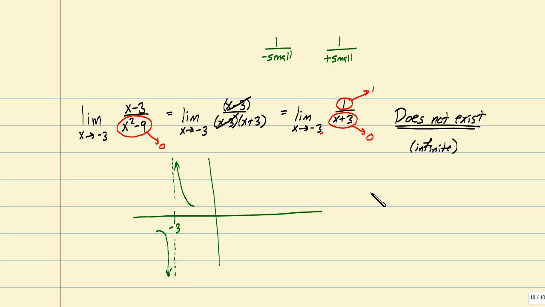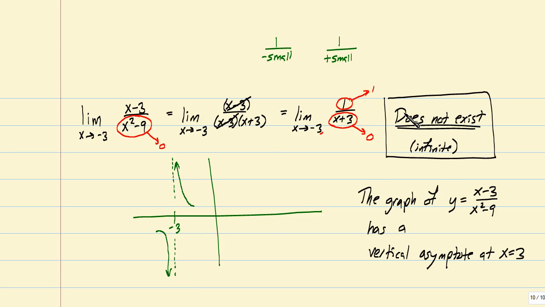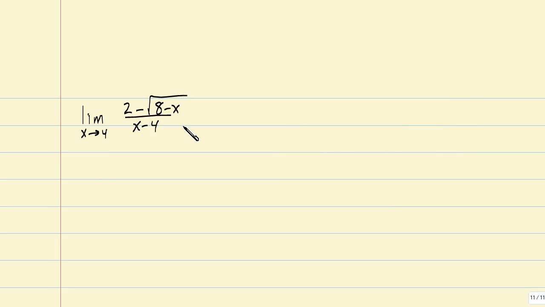And graphically, we say we have a vertical asymptote. Okay? So the limit does not exist, there's infinite limits involved, and we have a vertical asymptote at x equals negative 3. That's it.